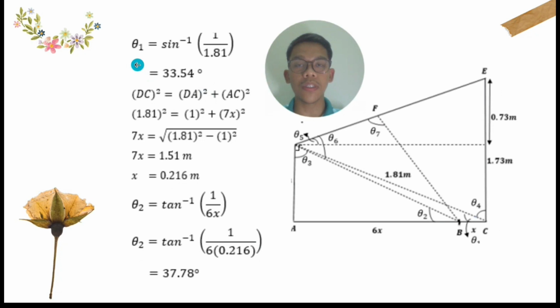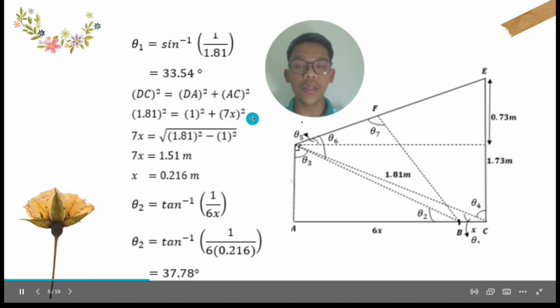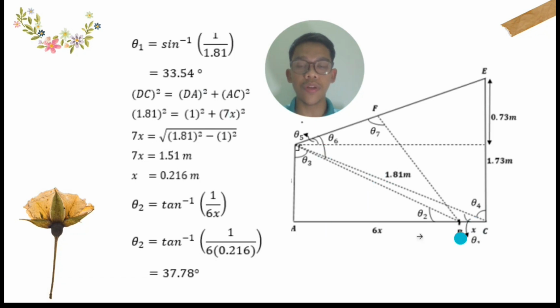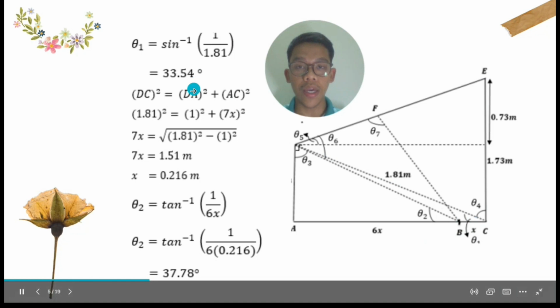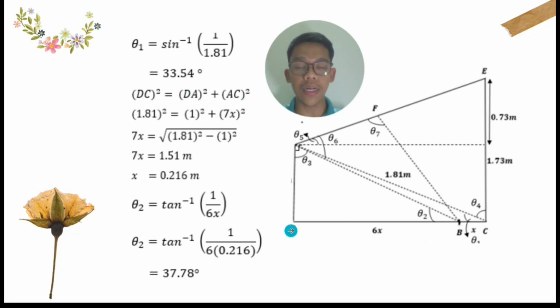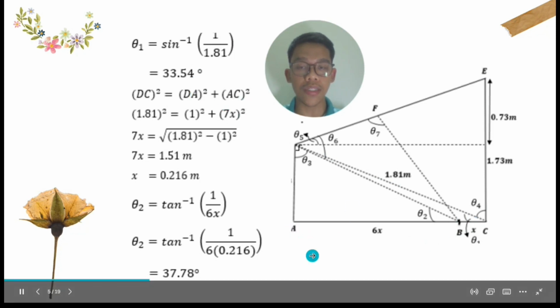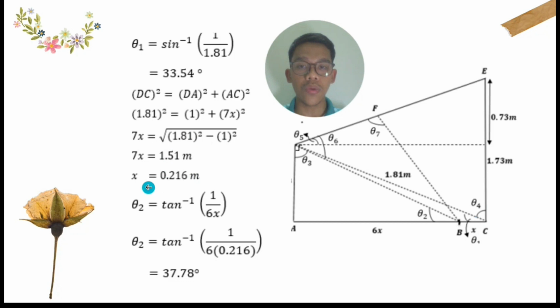For solving this problem in case 1, first we need to find theta 1. The inverse sine of 1 over 1.81 gives theta 1 equal to 33.454 degrees. And we need to find the value of AC, but AC equals 7x, right? By using the hypotenuse rule, we can find the value of x equal to 0.216 meter.